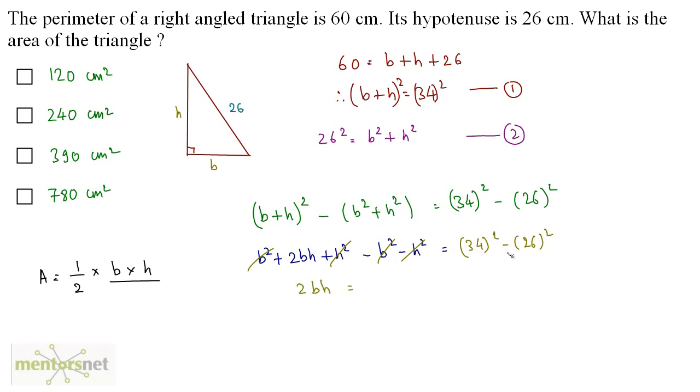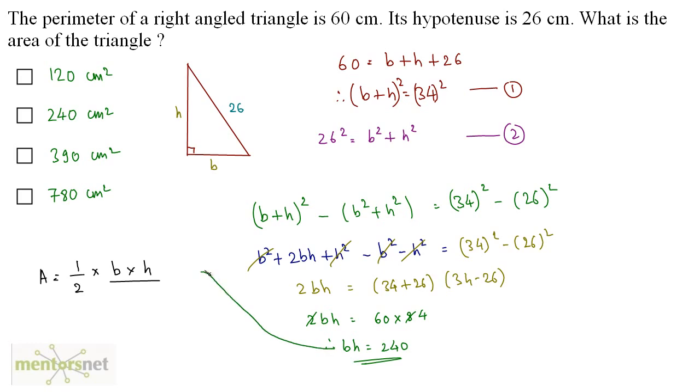Now you can apply a rule here, A square minus B square, which is A plus B into A minus B. So this becomes 34 plus 26 into 34 minus 26. So twice of BH is equals to 60 times 8. 2 times 4 is 8. Therefore we have found out the value of BH, and that's 240.